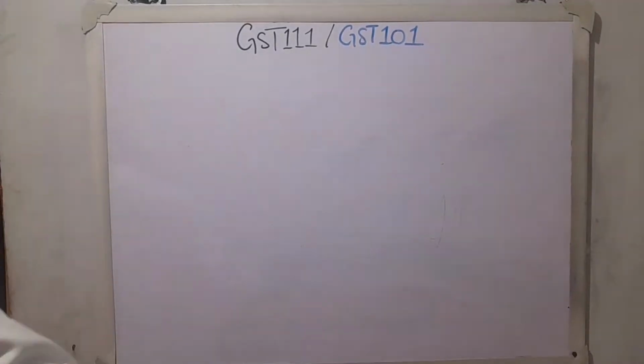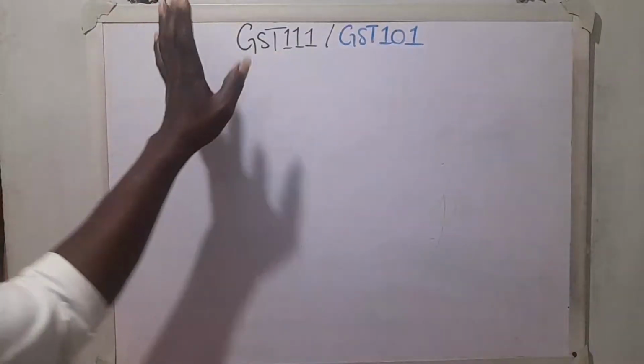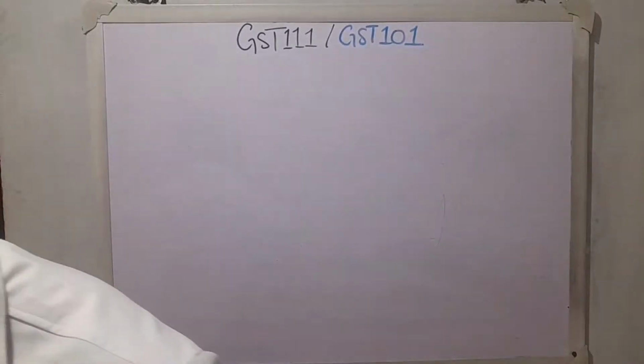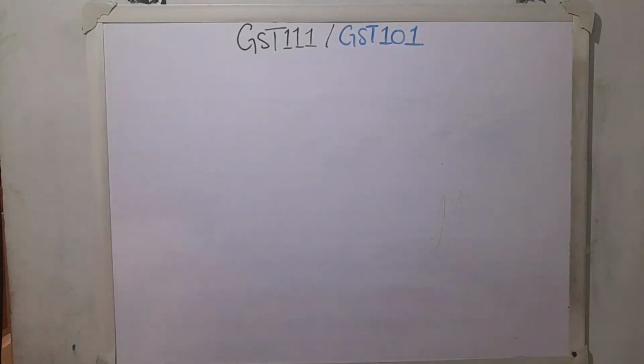Now, one thing you need to understand about this course is what happened to it. The upgrade, the improvement that we are experiencing currently on this course is the same improvement and upgrade we experienced during NOU 107. Perhaps you might not know that NOU 107 used to also be GST 107. GST 107 course material is what you find on the portal.